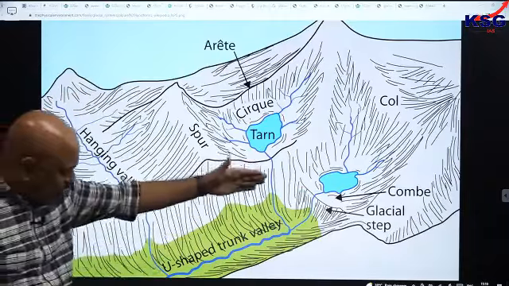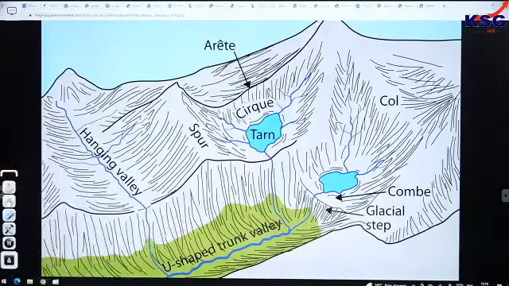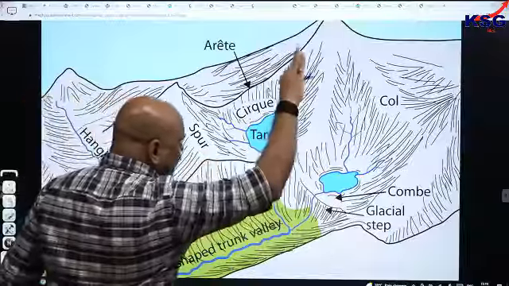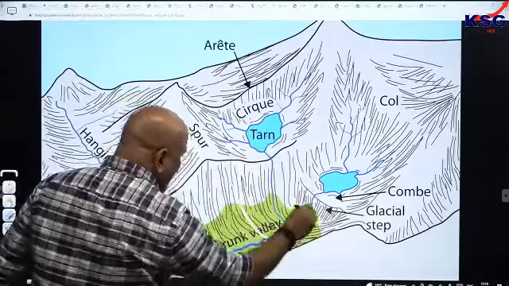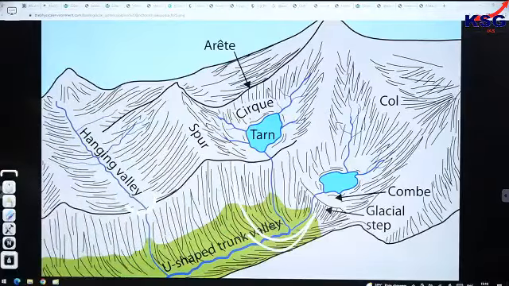Do you see this? A deep U-shaped valley is there. This is a big glacier whose weight is more, so it made a deeper valley. And this one is making a smaller valley. For that region there is a difference in depth between these two valleys, and this type of valley is called a hanging valley.